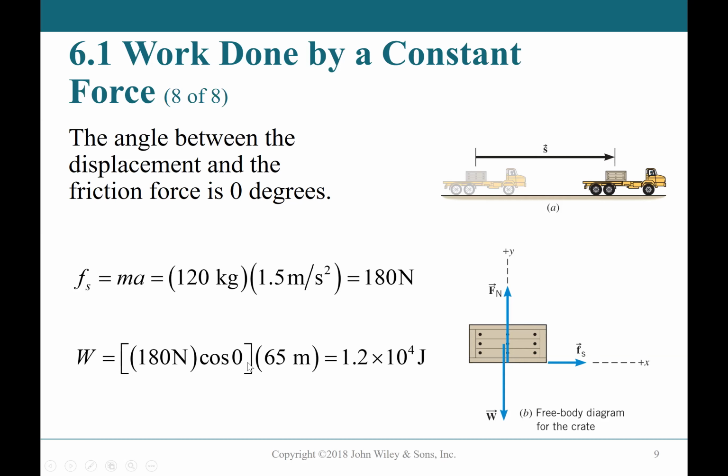So I have cosine of 0, which is 1. I multiply all of this out and I get my work. And my work, of course, is in newton meters, which is a joule. So now I have the work done by this force. Only one of them contributed to the work.